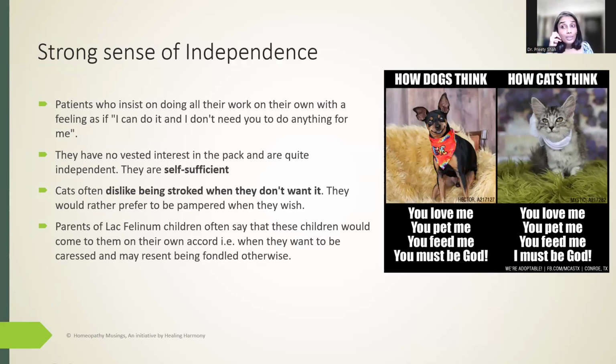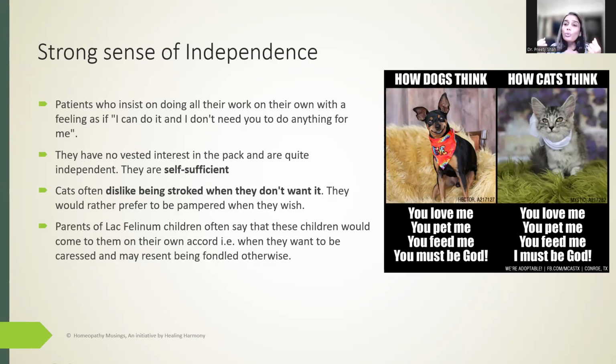Another idea of Lac Felinum is a strong sense of independence. The main conflict in Lac Felinum is how independent I am in the group. They feel conflicted that I need the group, I'm dependent in the group. My family is important, my work is important, but at the same time, I feel constricted by them. I feel restricted by them, and I want to be independent.